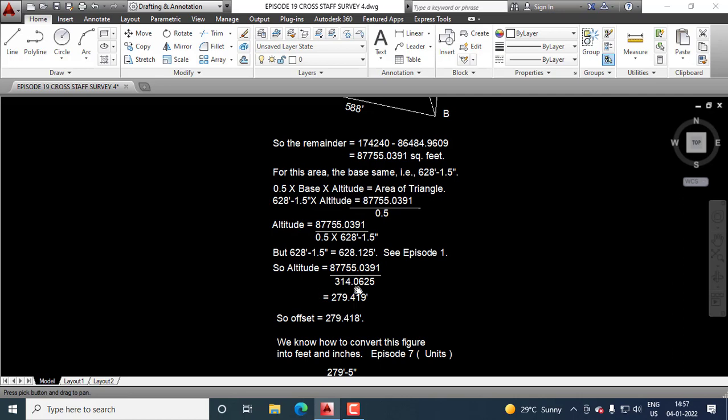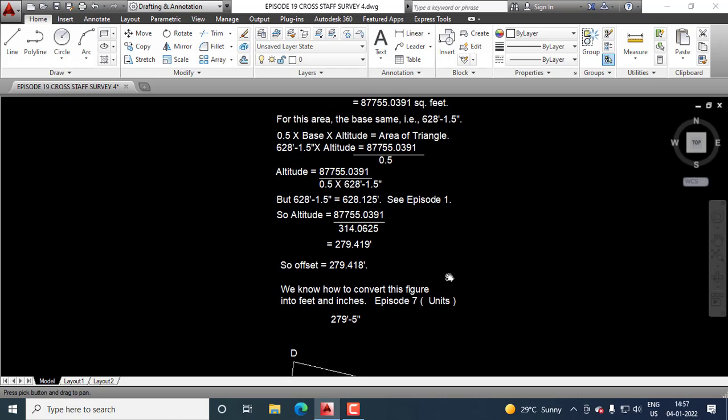So altitude is equal to 87,755.0391 by 314.0625. After simplifying this fraction, we get 279.419 feet.